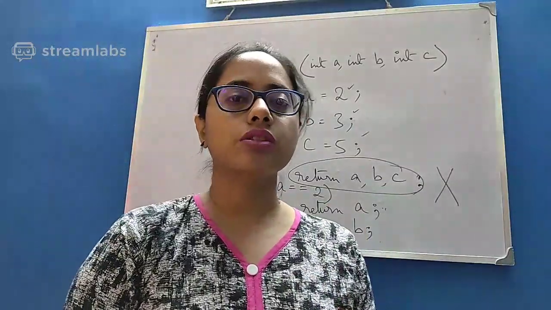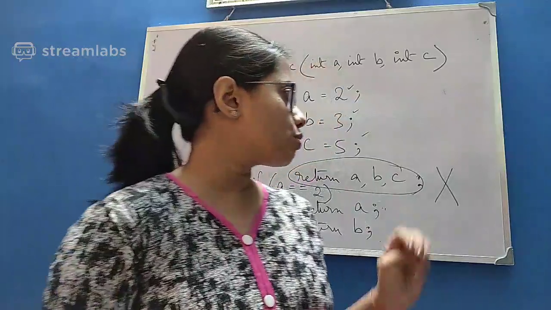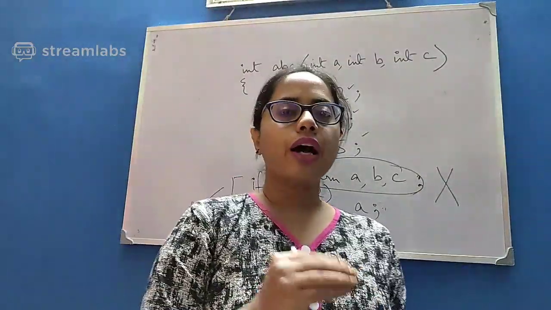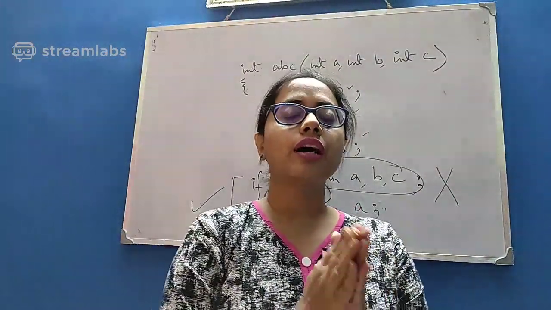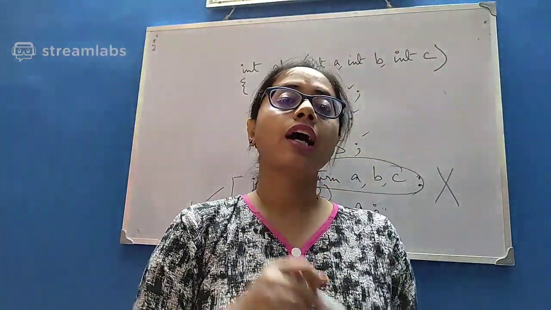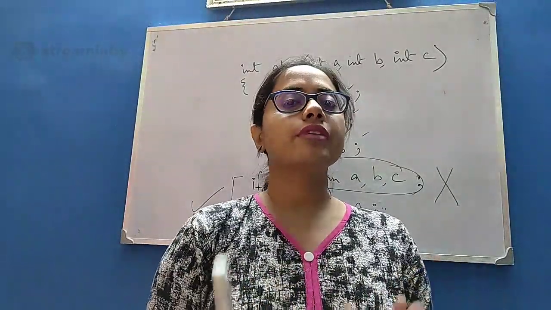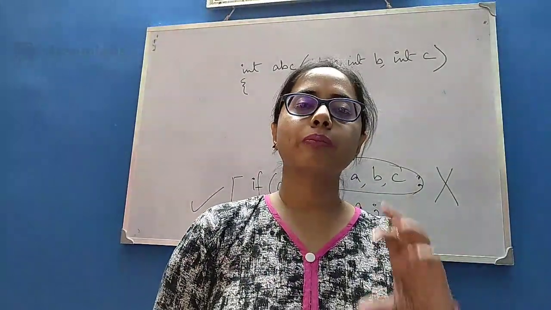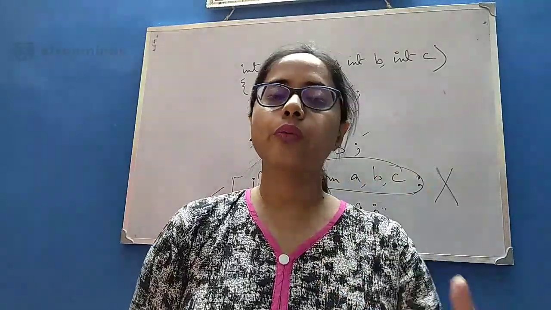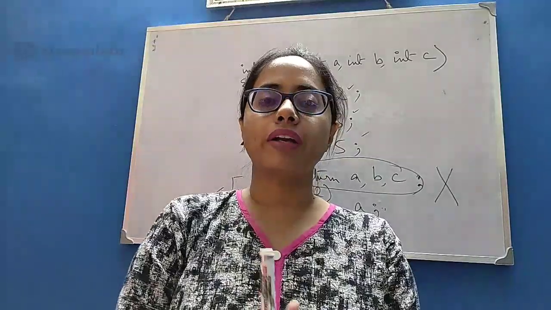So if you have a constraint like this, I'll just check whether you have any doubts so far. If you are asked to write a single user defined function, not multiple functions, which will calculate two different quantities at the same time, since we know that it is not possible for a function to return more than one quantity at the same time, we have to go for call by reference.